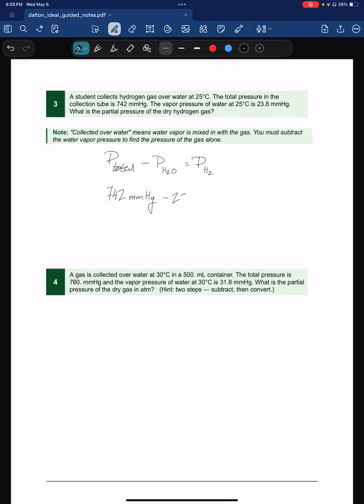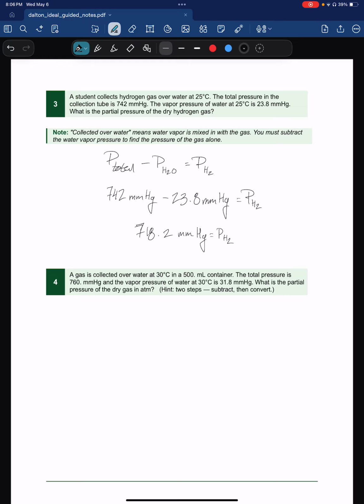We have 23.8 millimeters of mercury for our water, and that should give us the pressure of our dry hydrogen gas. So we go over to our calculator. And we get, oh, I got a syntax error. All right, 718.2 millimeters of mercury. I did something wrong.